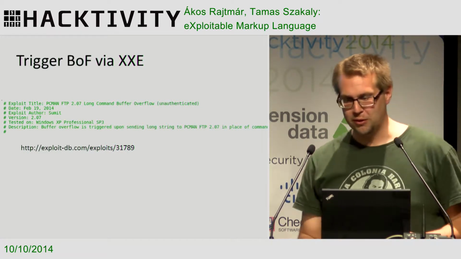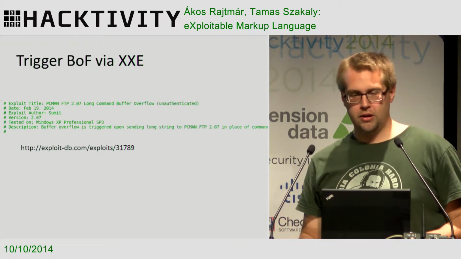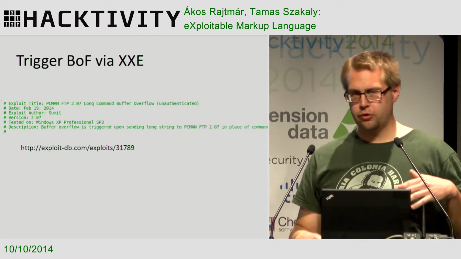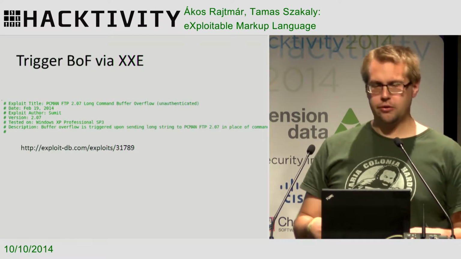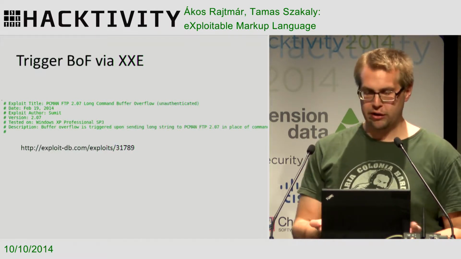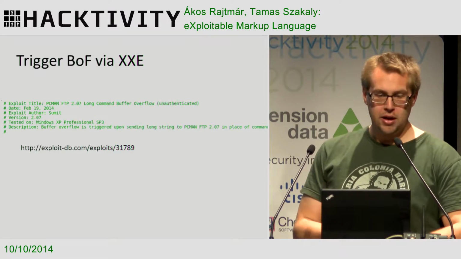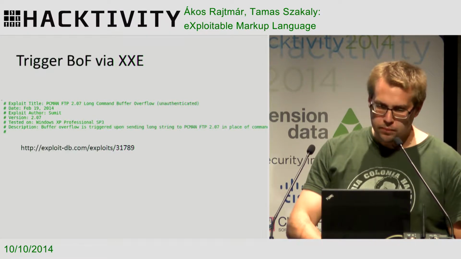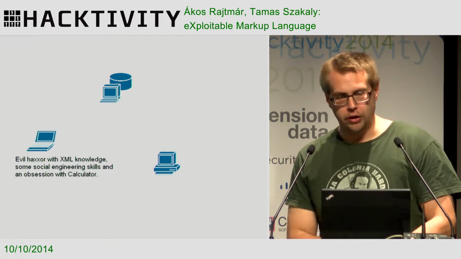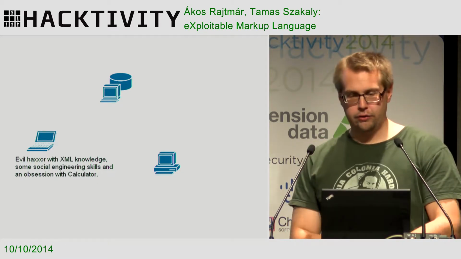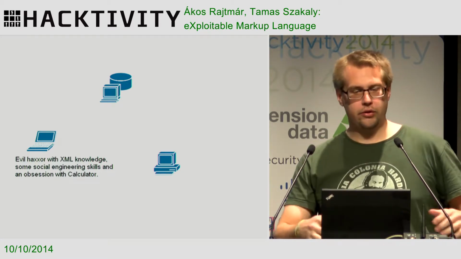In order to show you how to trigger a buffer overflow via XXE, I show you a classical buffer overflow on an FTP server. The attack will be as follows.